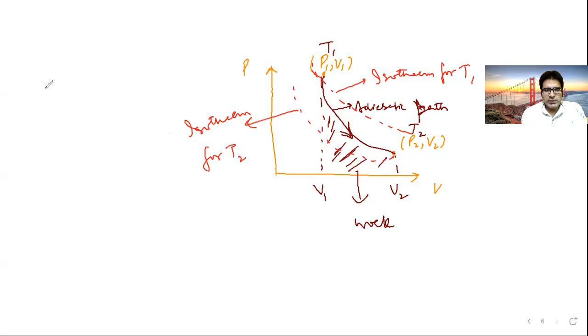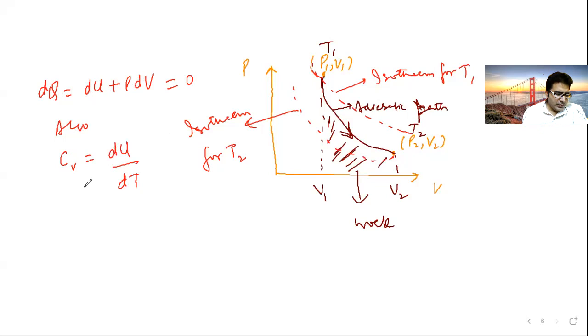Now we want to find the expression for work. We start this way. We said from first law of thermodynamics, dq is du plus pdv. It is work done by the gas, which is pdv. Now it is 0 because dq is 0. Also, we know from our previous lectures that Cv, heat capacity at constant volume, is du by dt, right? That means du is Cv dt.